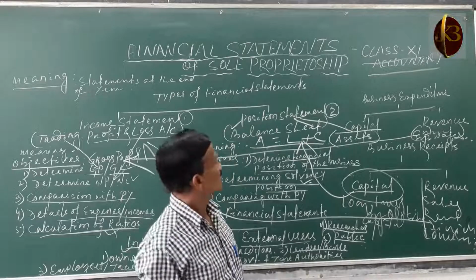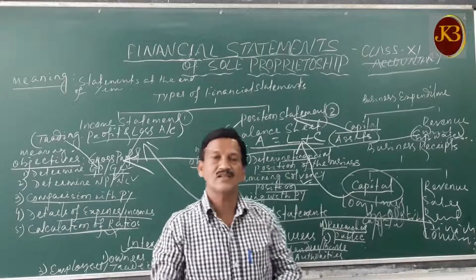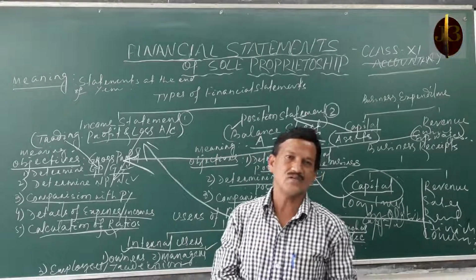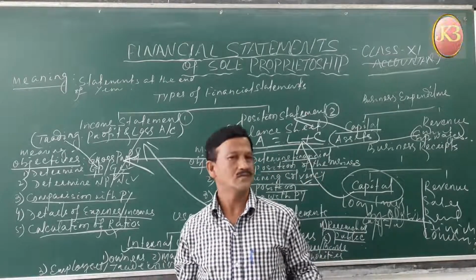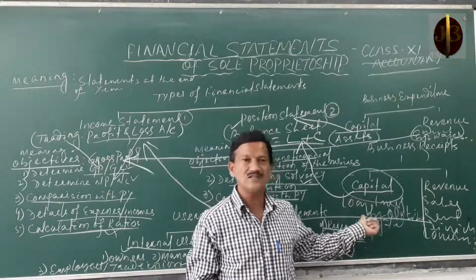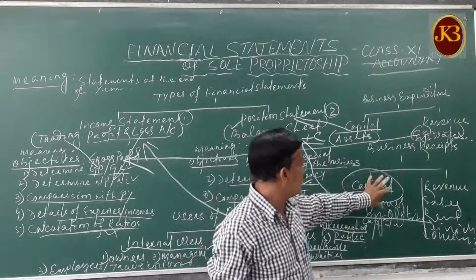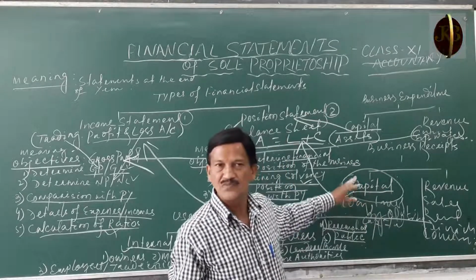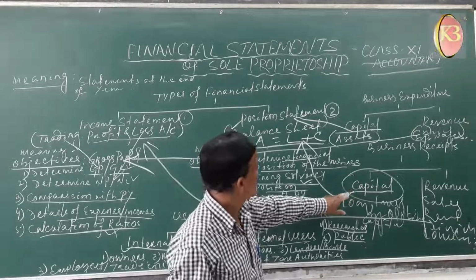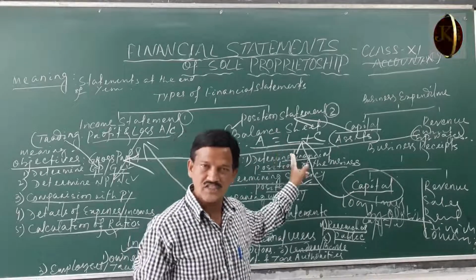That means receipts always show a credit balance. In the trial balance, you might have seen that all the credit balances are receipts. If it is a liability, it is a credit balance. If it is an income, it is a credit balance. If it is a liability, that is a capital receipt, long term in nature. So those capital receipts go to the liability side of the balance sheet or the position statement.